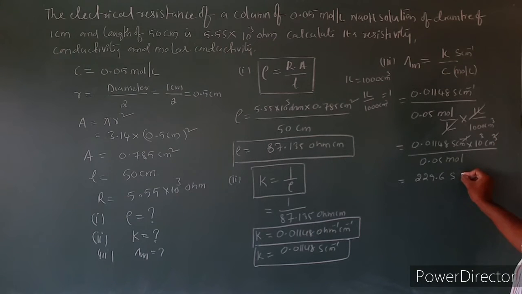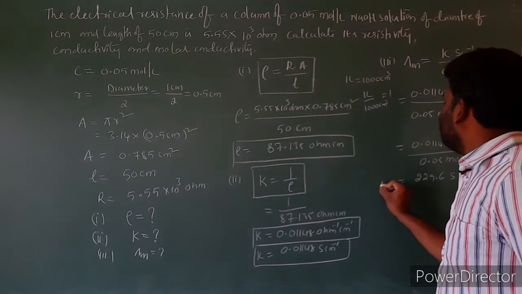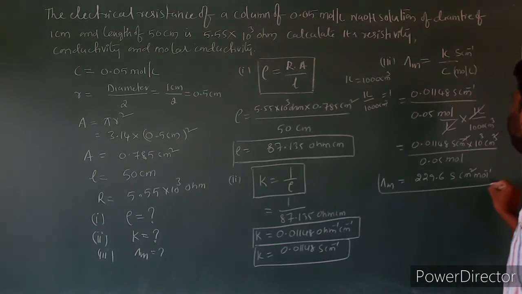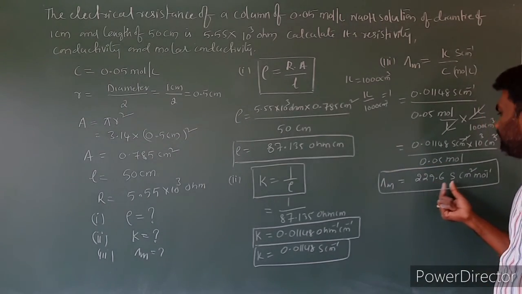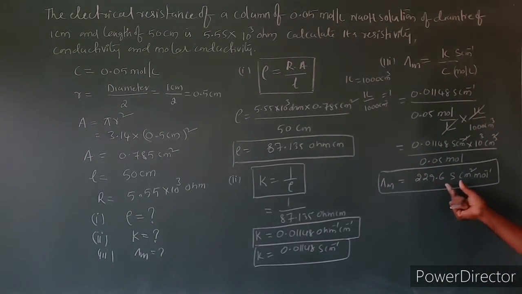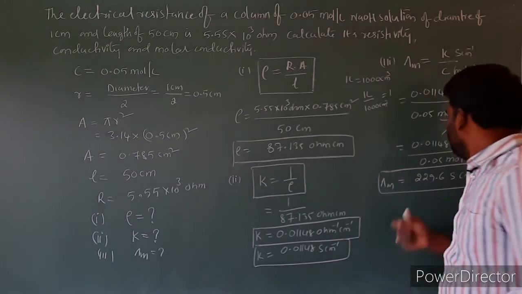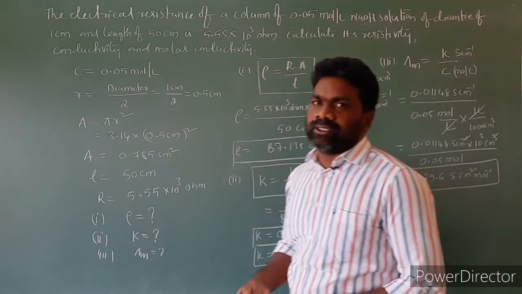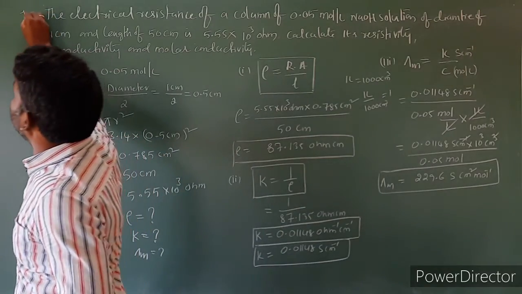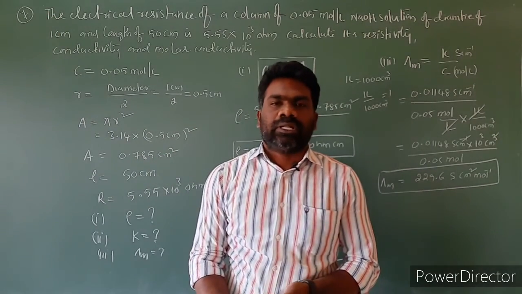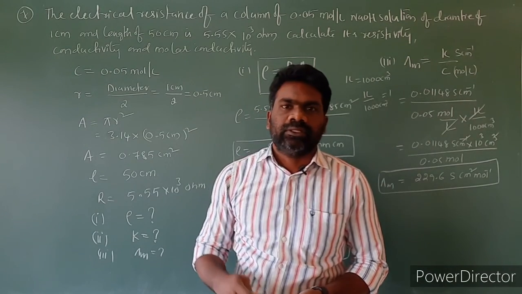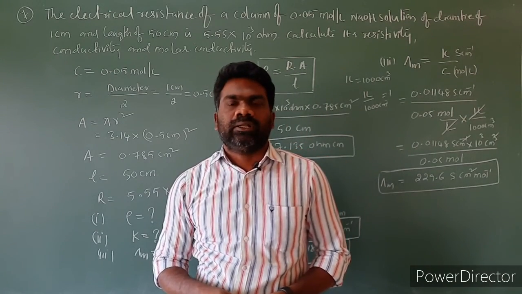Centimeter cancels, then we will get centimeter square, and mole transposed will be mole inverse. This is the lambda m value. Lambda m is equal to 229.6 Siemens centimeter square mole inverse. So this is problem number 7. These are the problems based on Kohlrausch law of independent migration of ions, conductivity and molar conductivity.